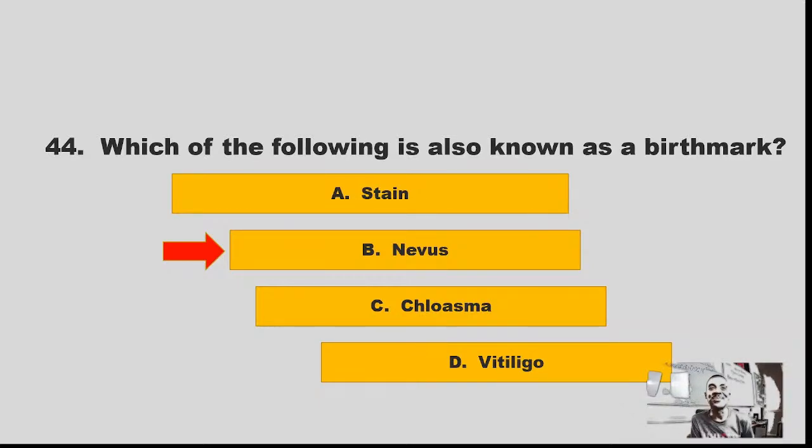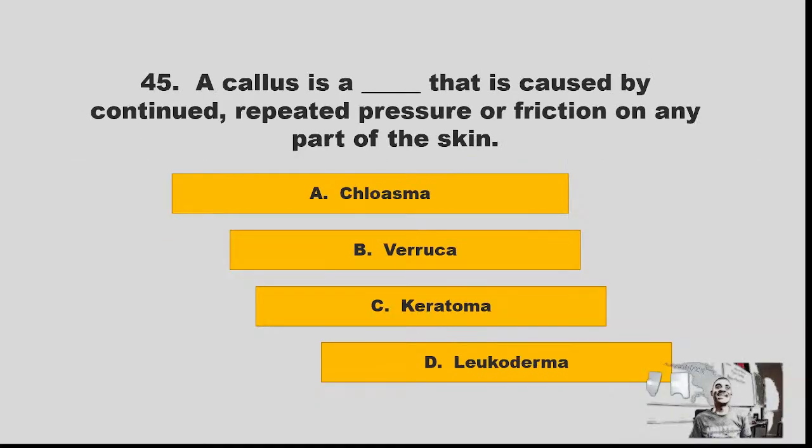Keep it up. All right, up next, a callus is a blank that is caused by continued repeated pressure or friction on any part of the skin. So would you say that it is chloasma, verruca, keratoma, or leukoderma?